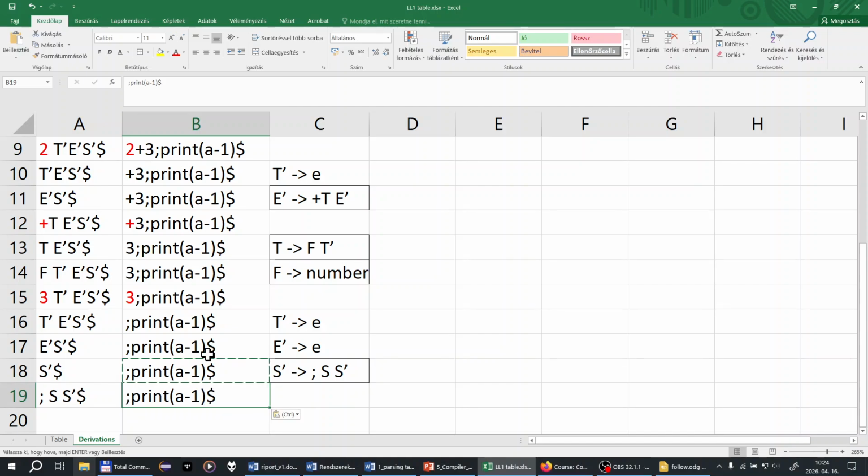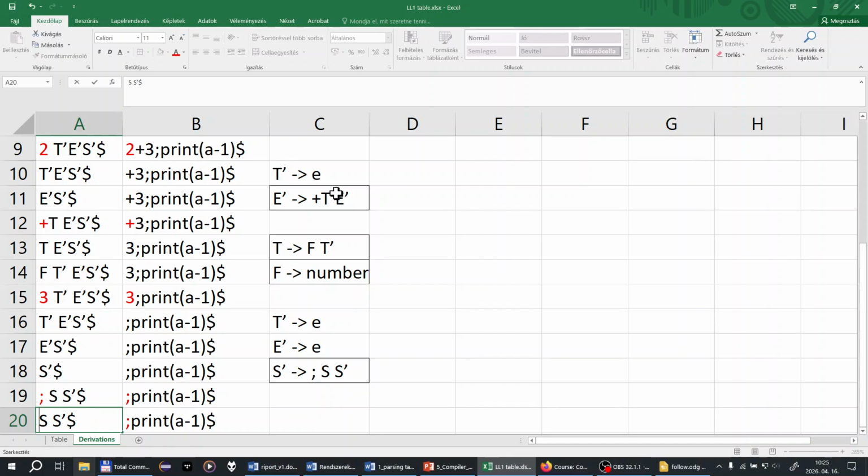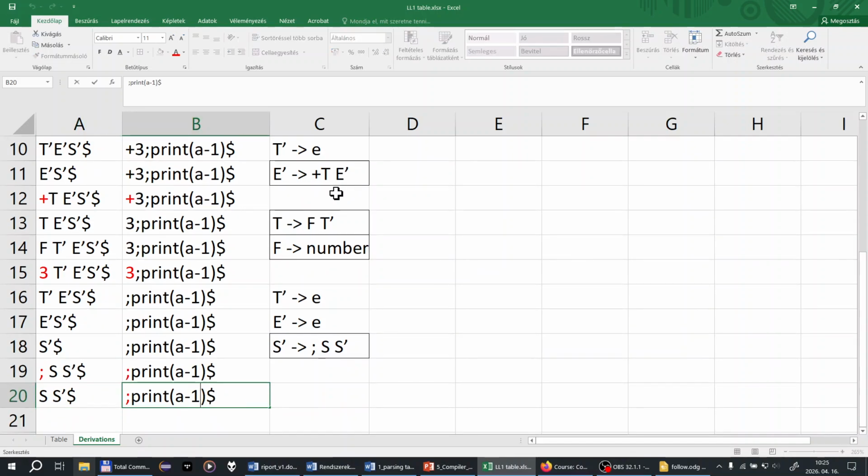And the input starts with a semicolon. So we have to eliminate the semicolons from both here and here. Okay. So practically we have this S again and the print.